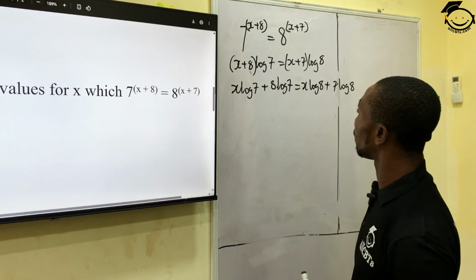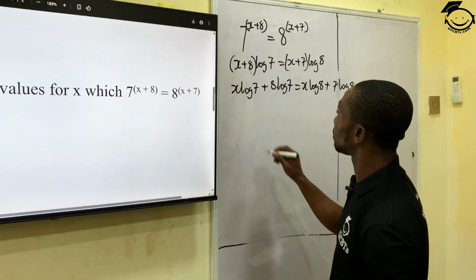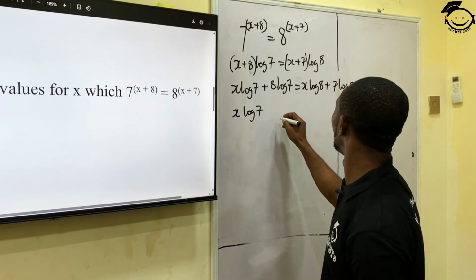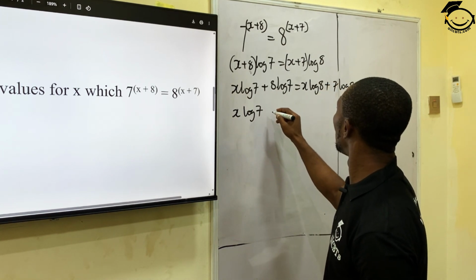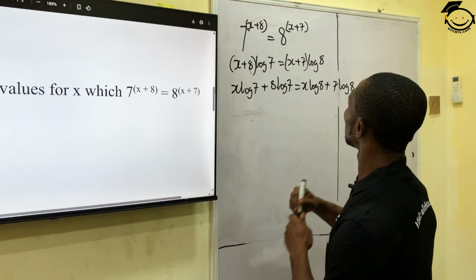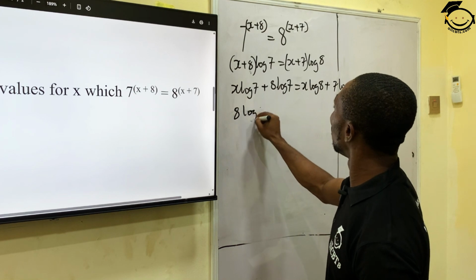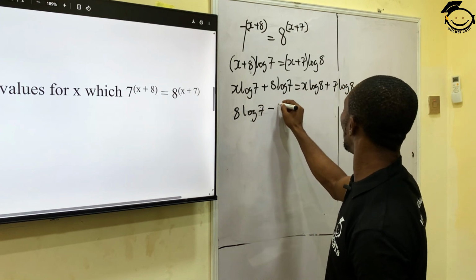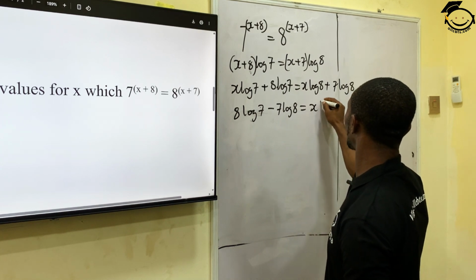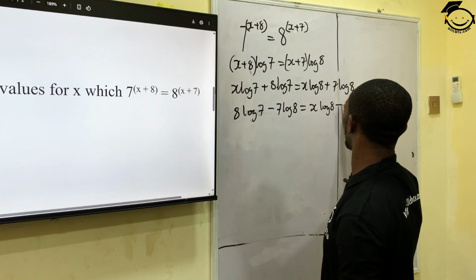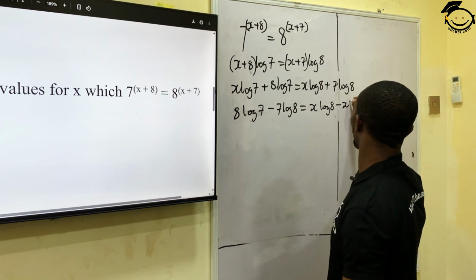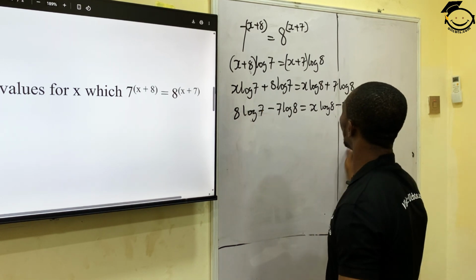Now, you can see on both sides we have x log terms, so we bring them together. Let me try to keep it positive. This becomes 8 log 7 minus 7 log 8 equals x log 8 minus x log 7.